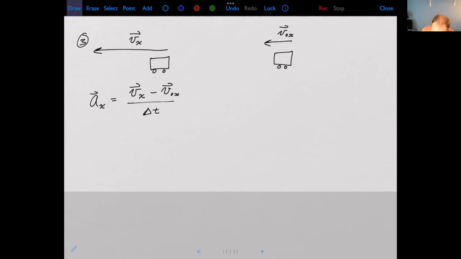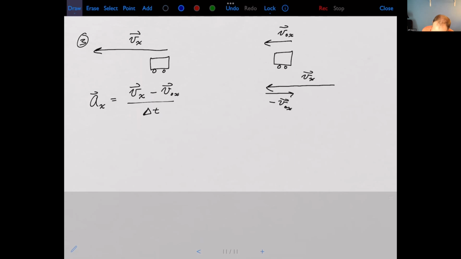So if I start with Vx, so that's just this Vx that I drew. And I want to add minus V naught x. So that's going to look something like this, right? If V naught x is going to the left, then minus V naught x is going to the right.